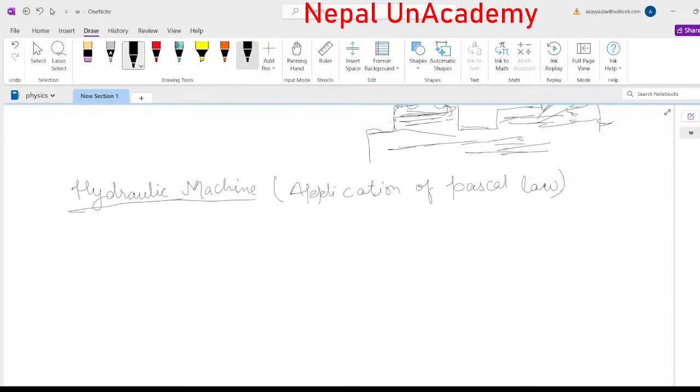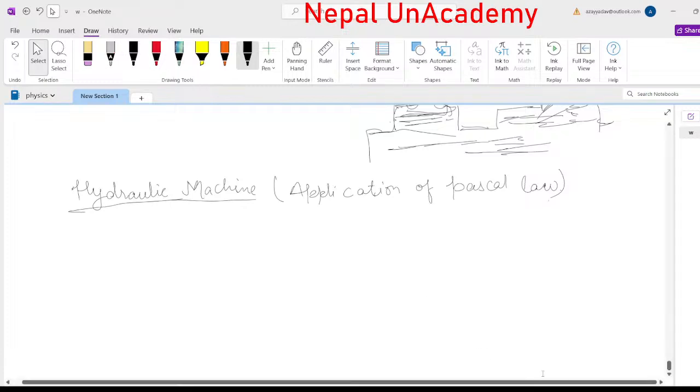Now we will see the hydraulic machine first of all. So in the figure, let me make a figure first of all. Let me copy and paste the image.